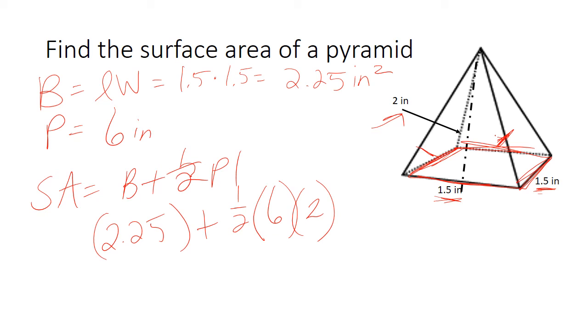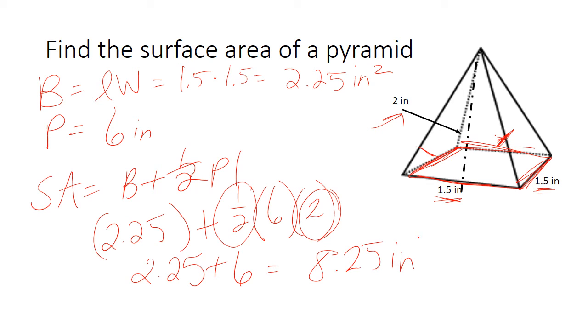When I'm looking at this, 1/2 of 2 is 1, so those cancel out, and I'm just left with 6. So it'll be 2.25 plus 6, and that equals 8.25 inches squared. The biggest thing I think you'll need to be careful about is this 1/2 that's in the formula.